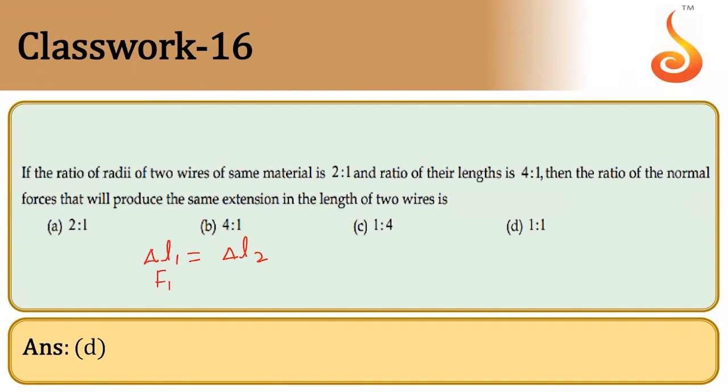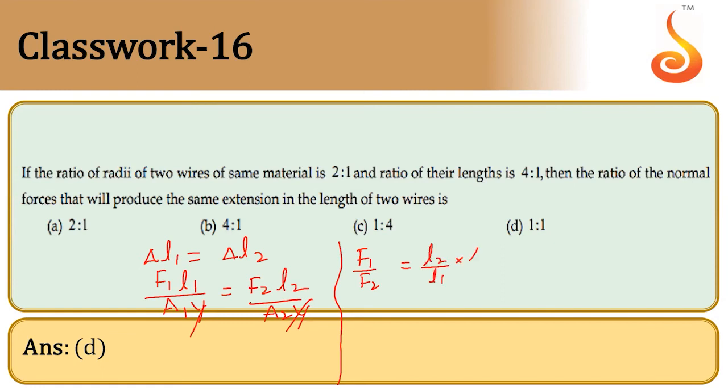So F1 L1 divided by A1 Y is equal to F2 L2 divided by A2 Y, same material. Y gets cancelled here. They're asking F1 by F2. So F1 by F2 is equal to L2 by L1 into A1 by A2.